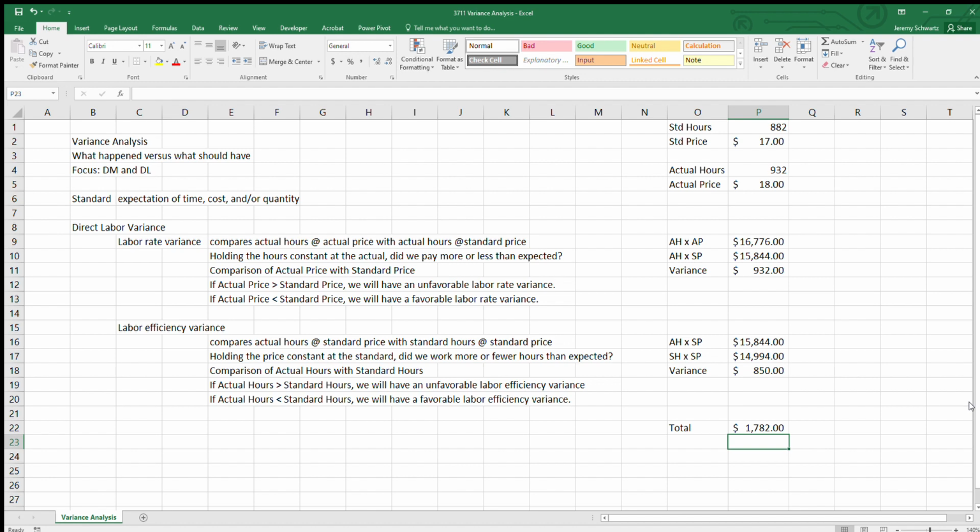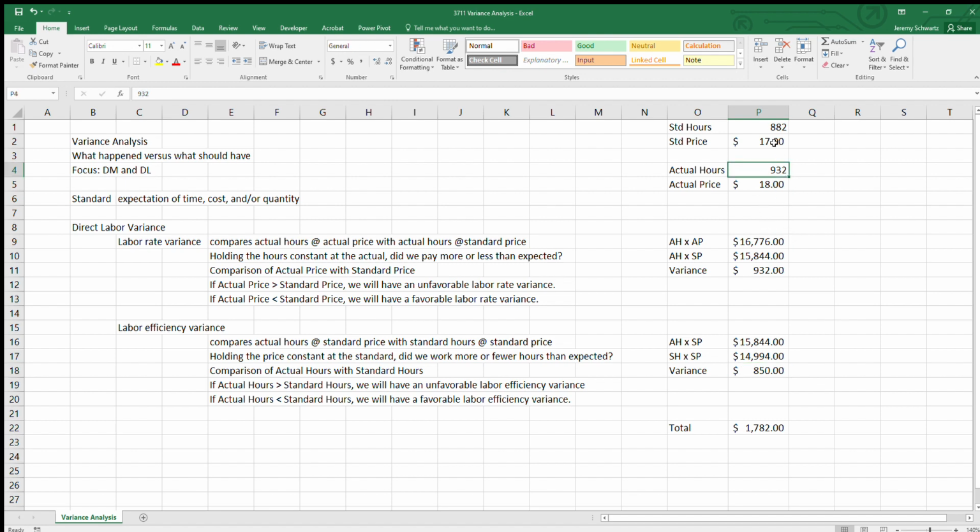Now, as it turns out, both of these variances are unfavorable. In the case of the labor rate variance, we spent more. We spent $18 instead of 17, and for the efficiency, we also ended up spending more time.